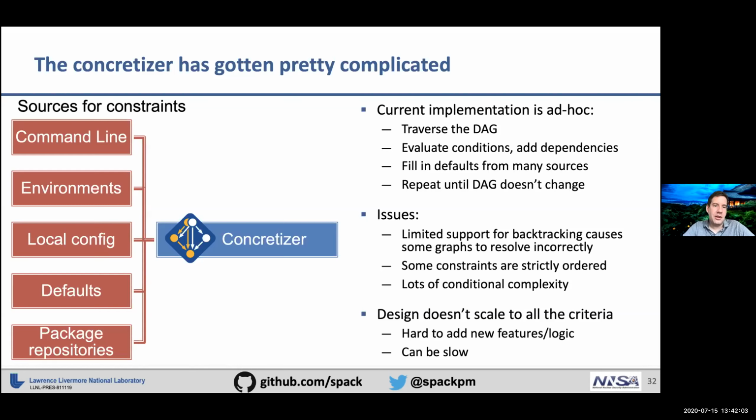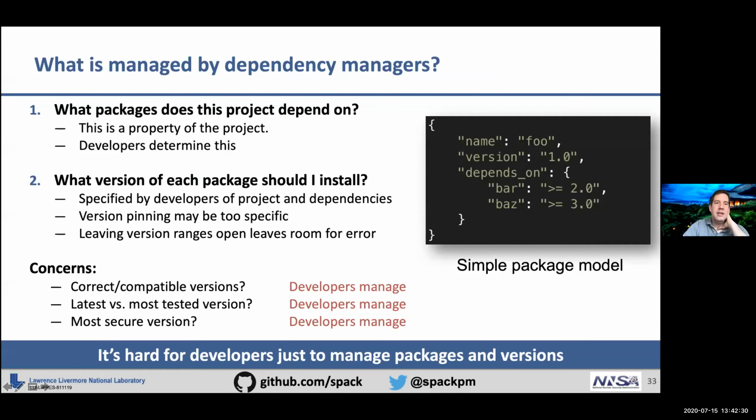We will say, this node is at this version without looking for whether there's a conflict down the road, and so this can cause conflicts to be reported where they really shouldn't be in Spack, and we don't do enough backtracking to solve all the different places that we need. To add to that, the code's gotten pretty complicated because we're pulling from all these different places, and so we needed a new version of the concretizer. So I'm going to talk about the prototypes that we used for that.